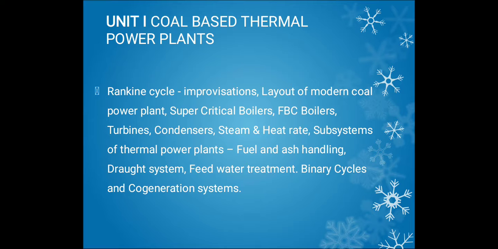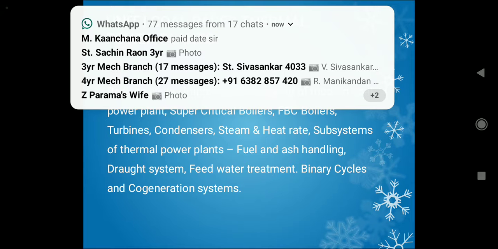In binary cycles, two cycles are used, such as the Rankine cycle, reheat cycle, or regenerative cycle. These types of cycles are combined, two or more, according to our situation.